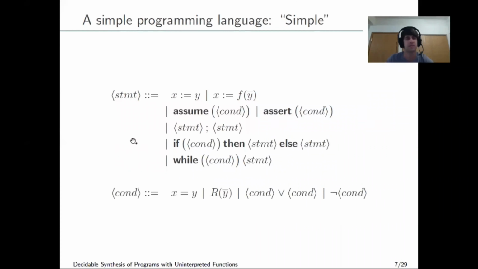Let's think about the simple programming language here, which I'll just call Simple. There are assignments from variables, assignments from functions applied to variables, assumptions, assertions, sequencing of statements, if then else, and while loops. And the conditions are Boolean expressions over relation symbols and equality.